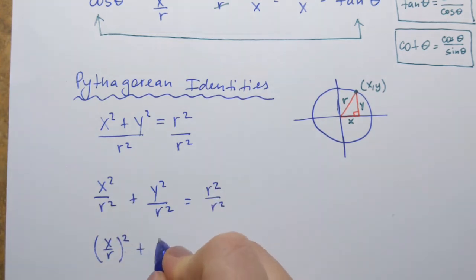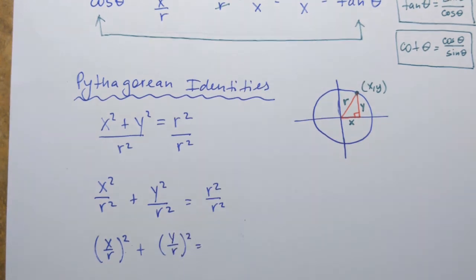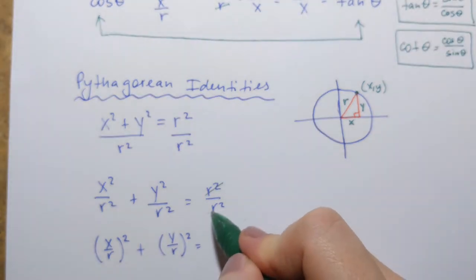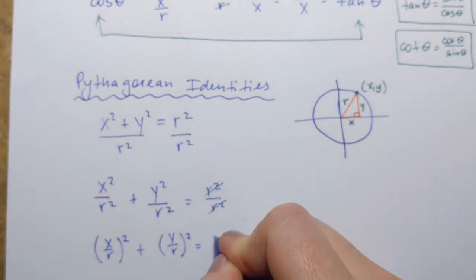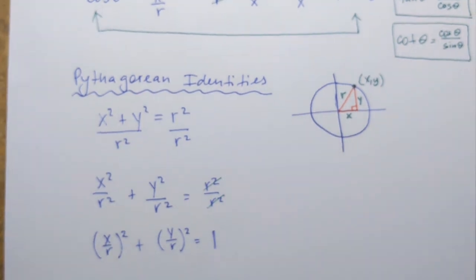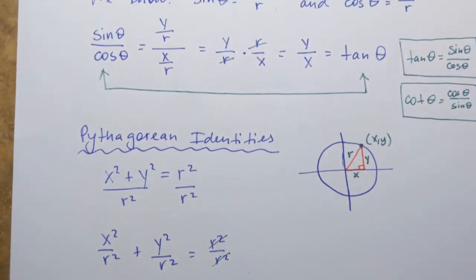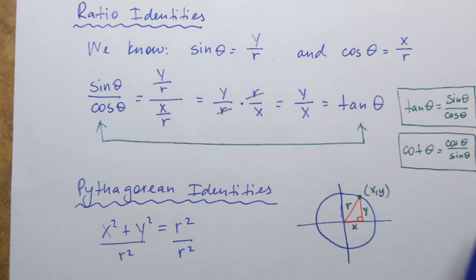I'll do the same for the second one, y over r squared. And on the right-hand side, I don't actually need to do that because I can see that the right-hand side equals 1. Going back to the left-hand side, what is x over r? Well, let's refresh that. x over r is the cosine, and y over r is sine.